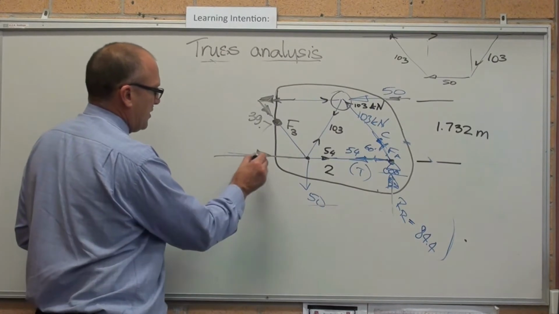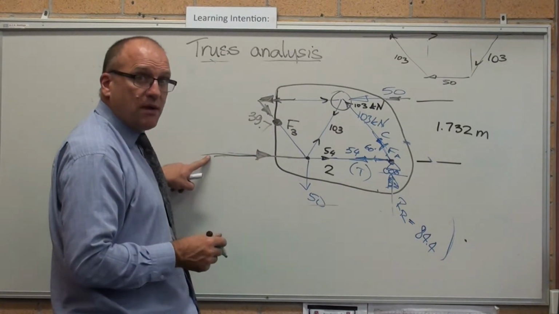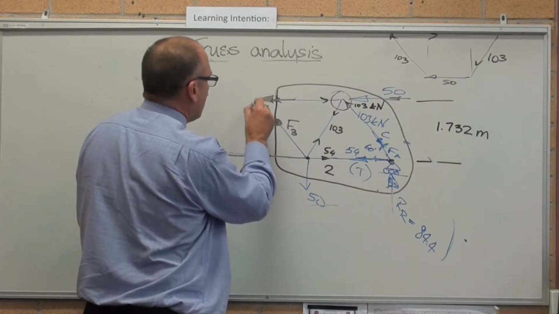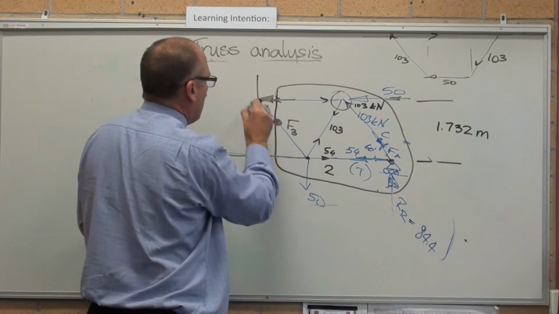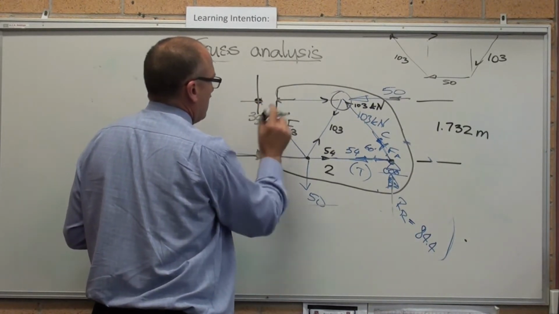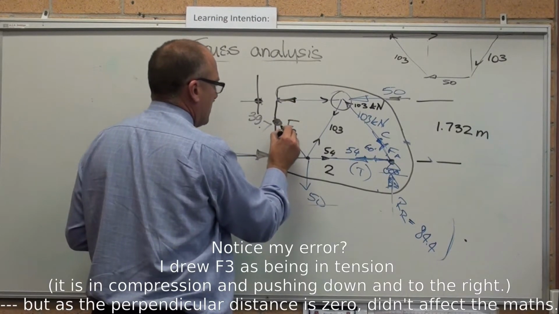Let's have a look. To calculate this force, I need to take moments about a point that cancels most of the other forces. If I take moments about there, even though it's in free space, I've got that force there, I've got this force here.